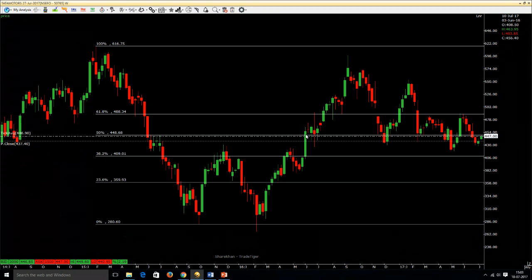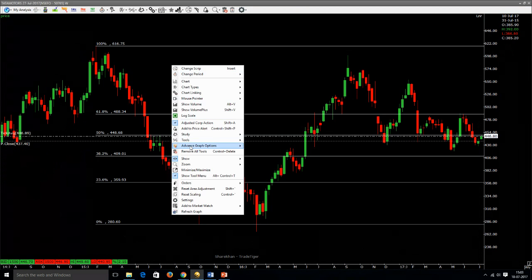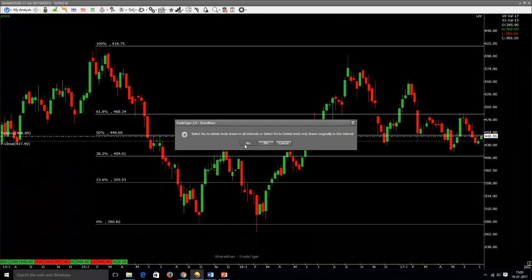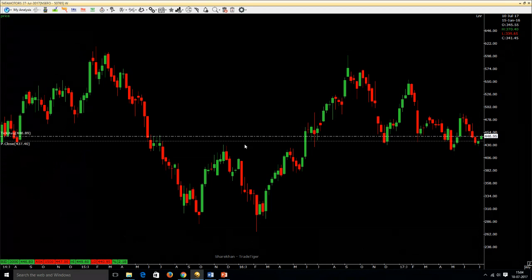And if that level also breaks, the immediate target would be the 61.8% level. And then if that breaks, it can go back to its original 100% retracement. So that's how basically a person can draw the retracement. This retracement we have seen from high to low. Let's remove all tools and then plot the retracement from low to high.